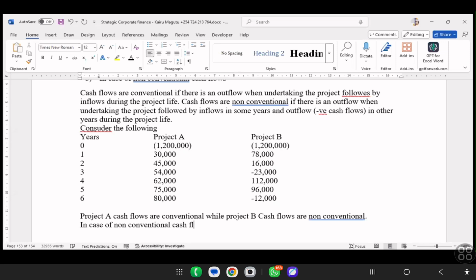But we say that in case of non-conventional cash flows, there are two possibilities. Possibility number one is that there is no IRR at all.